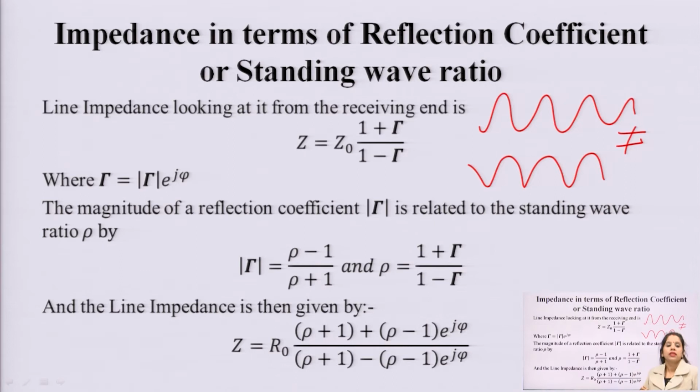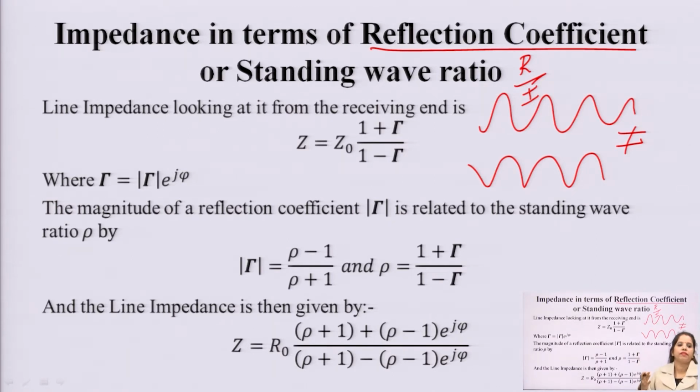How much the reflected wave is, is defined in terms of the reflection coefficient, that is reflected wave upon the incident wave. The wave which combines the incident wave and the reflected wave is called the standing wave. By the combination of the incident wave and the reflected wave, there is a maximum and a minimum, either in terms of voltage or current, or electric field or magnetic field, and we take the ratio of max upon min.